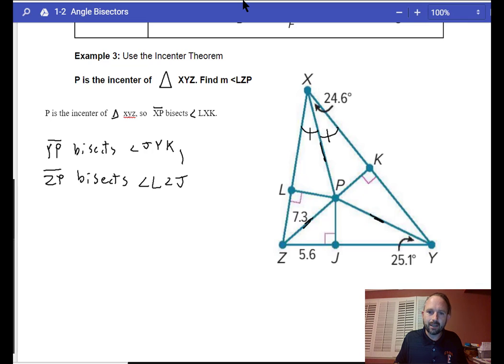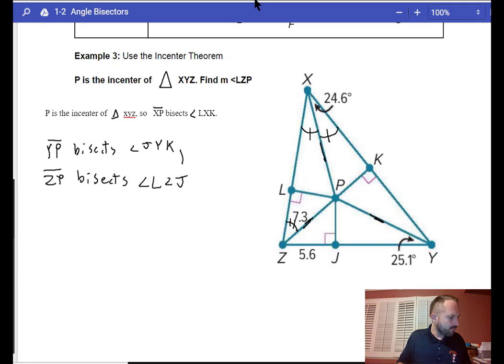Right now, what is this angle LZP? So let's find out.